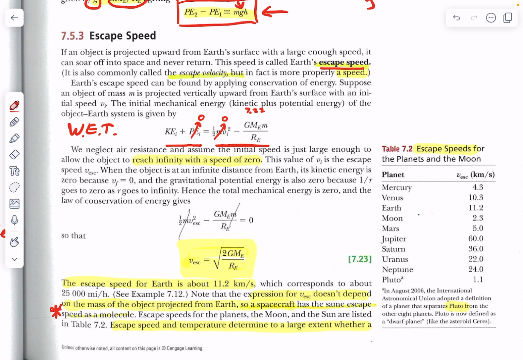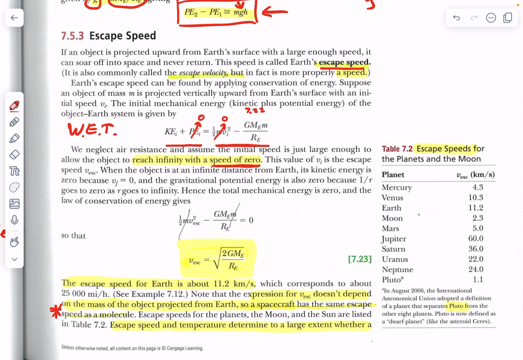Now, because we're planning on going so far out into space that we are outside of the Earth's gravitational pull, that means there's no unbalanced force acting on the object, which would be the gravitational force of the Earth, and therefore its speed is going to reach zero when the object is an infinite distance away.